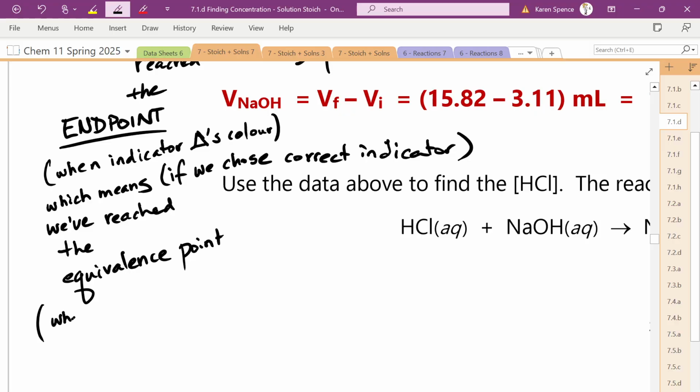Okay, it is when A and B have reacted completely. There's no leftover of either reactant.